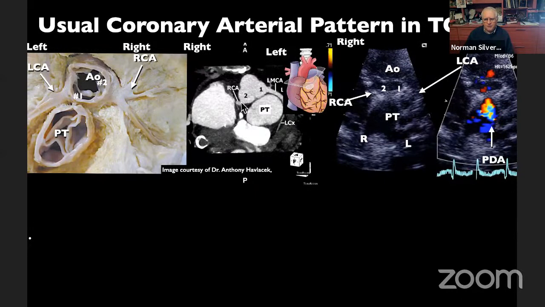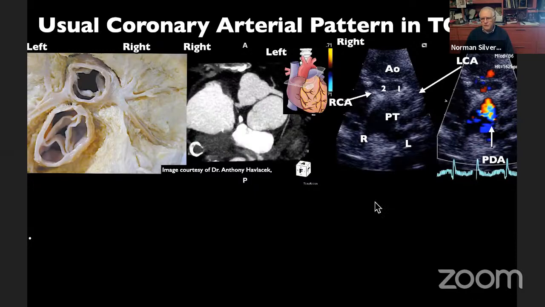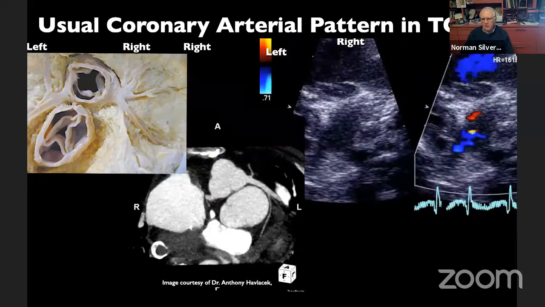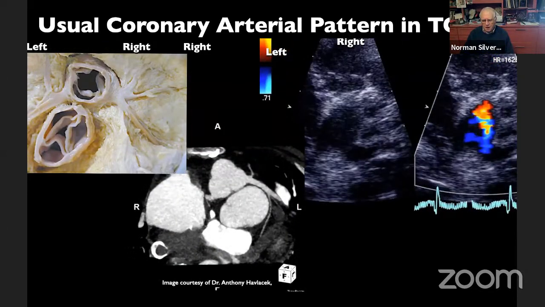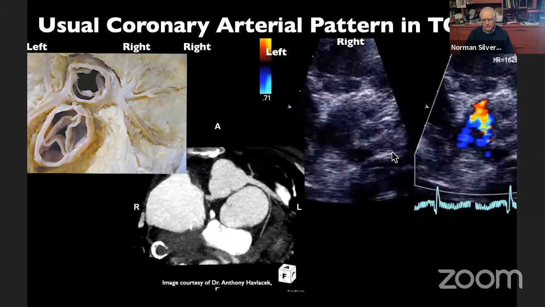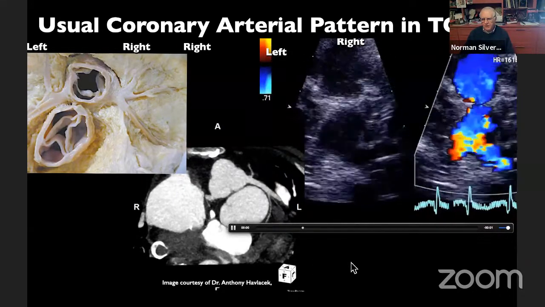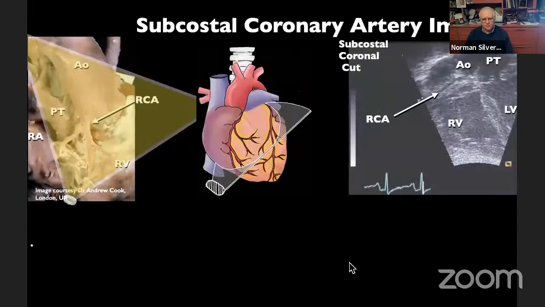So he's got the right coronary artery and the left coronary artery, and sinuses 1 and 2 seen as an echocardiographer would look at this. And here is sinus number 2 and sinus number 1 as we see it here. I think this is quite confusing, and one of the reasons why I don't like to use it, I say the left-facing sinus and the right-facing sinus, and then I get myself out of trouble.